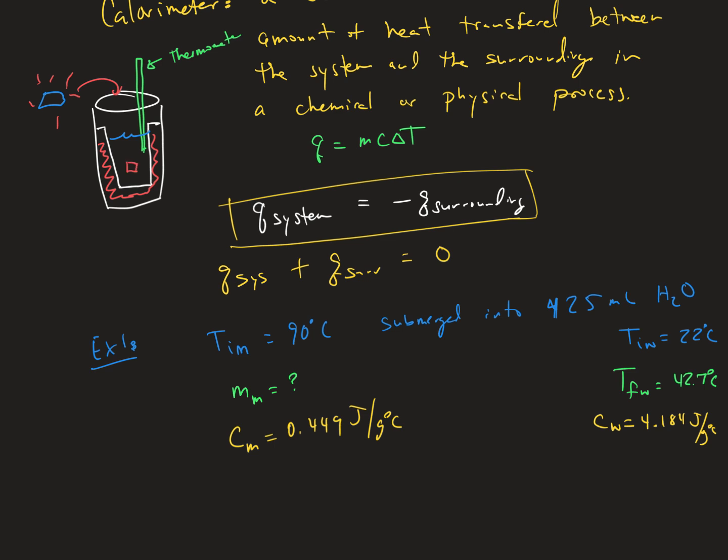And then what does that hot metal do? It warms up the water, and at the same time it cools down the metal until what? Until it reaches equilibrium. So whatever heat was lost by the metal is gained by the water. Does that make sense? The water is the surroundings, the metal is the system. Are we good? Okay.